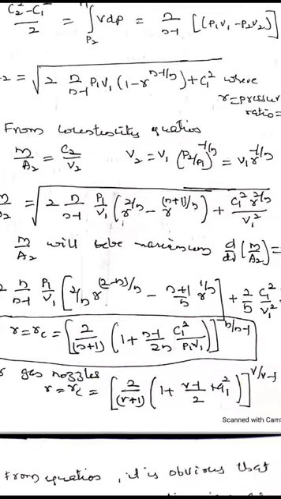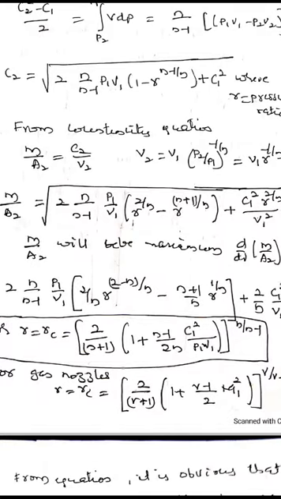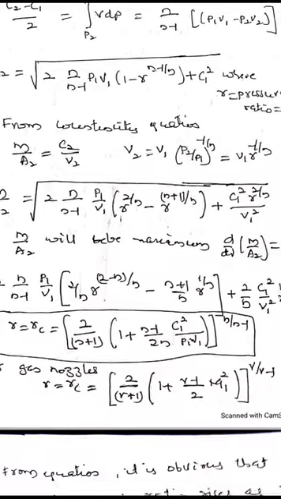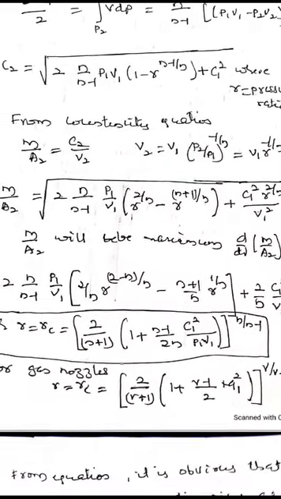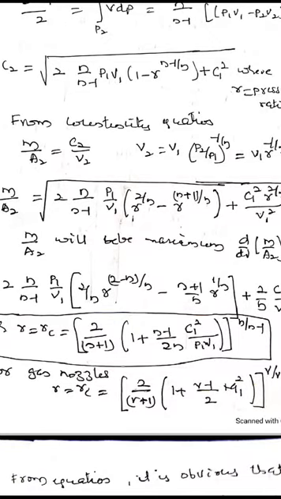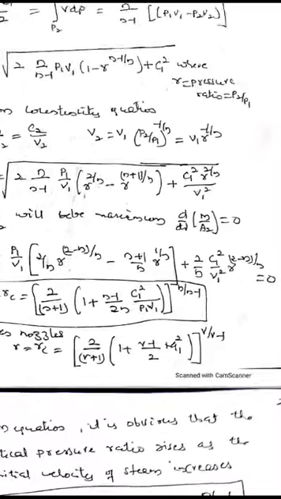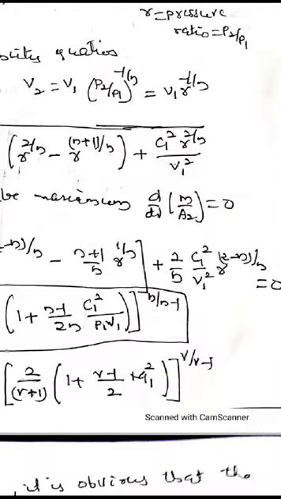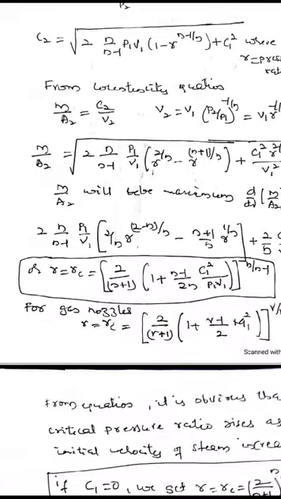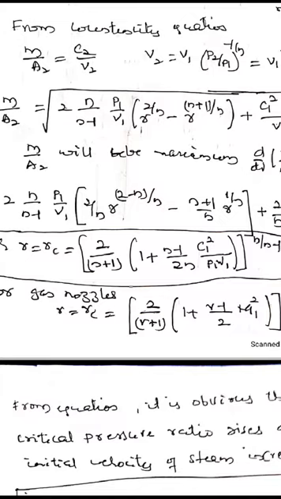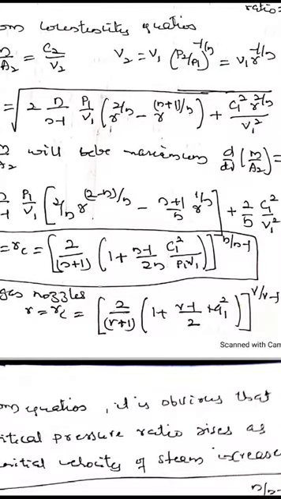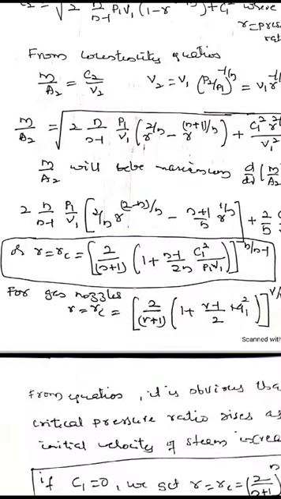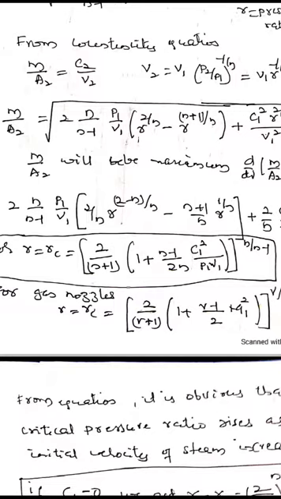So differentiating this equation with respect to dr, the pressure ratio, and equating to 0, that is d by dr of m by a2 equal to 0, we will get the critical pressure ratio equal to 2 by (n plus 1) into bracket (1 plus (n minus 1) by 2n into C1 square by P1 V1), whole raised to n by (n minus 1).